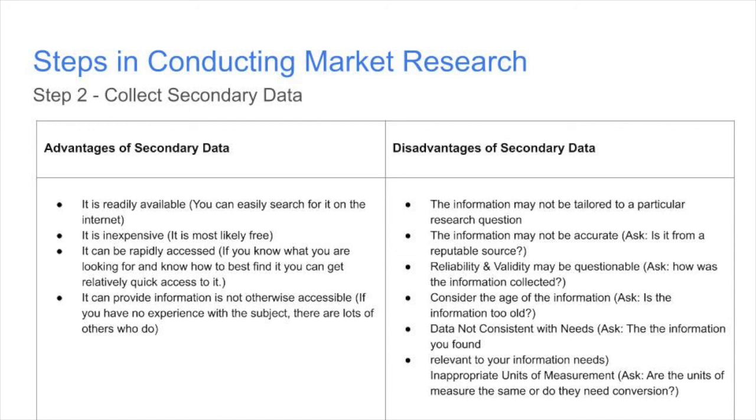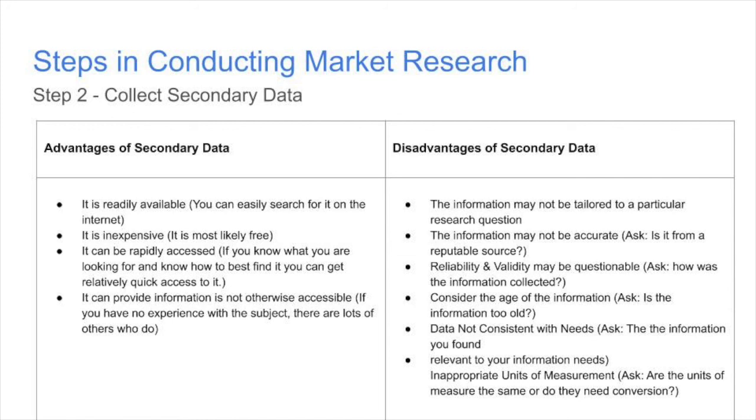Has someone else had this problem before? Has someone else looked at it? Has someone else gathered some results on it? Well, books, magazines, internet searches will yield all kinds of data with regards to what people have done in the past. Have people collected information on this topic before? I bet you dollars to donuts they have.